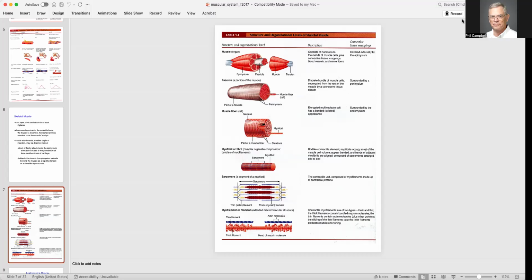Two adjacent sarcomeres share the same Z disc. So we have sarcomere, sarcomere, sarcomere, sarcomere. Okay? And we have these Z discs as well. So each of these sarcomeres within a myofibril will contract basically at the same time. That means it shortens. Okay.